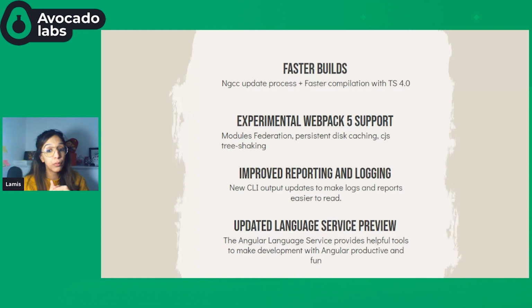There are improved reporting and logging in the CLI, and the language service, which is very helpful to make development with Angular productive and fun, is also updated with some cool stuff. So yeah, those are my collection, but there are many other features. You can check out the official documentation for the exhaustive list of enhancements.